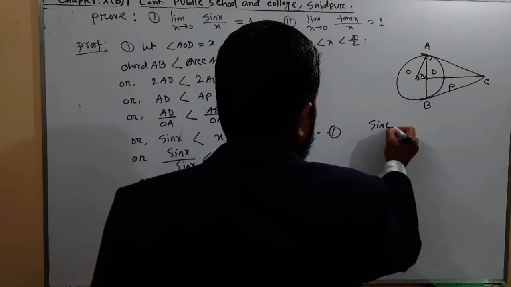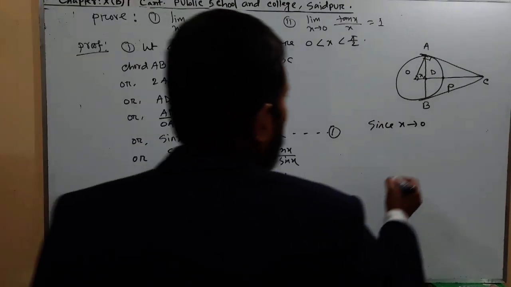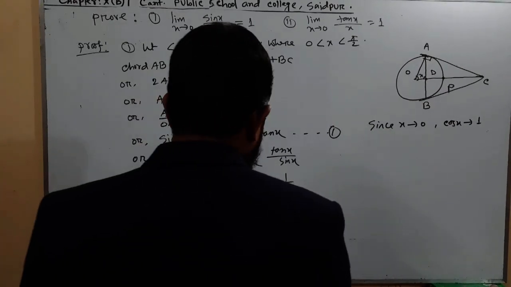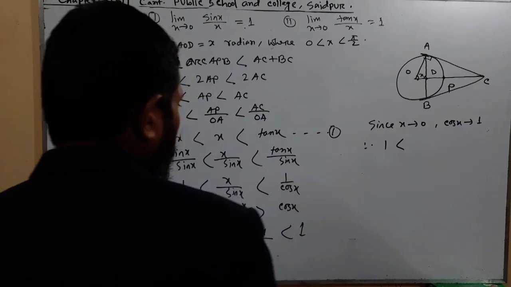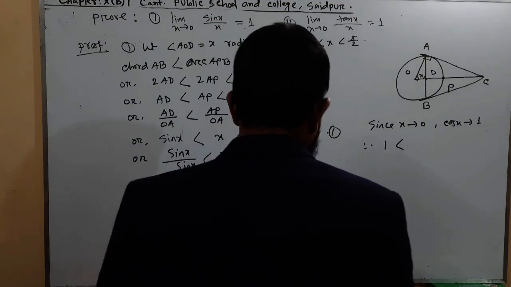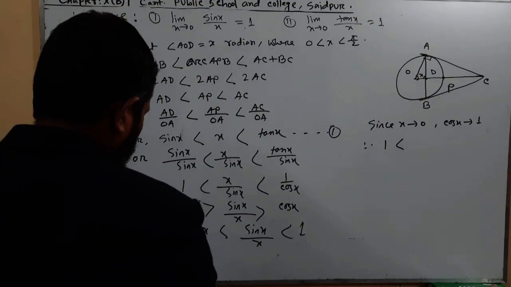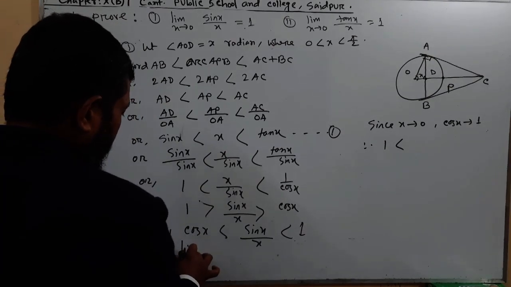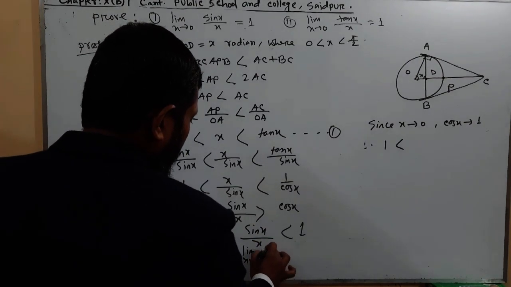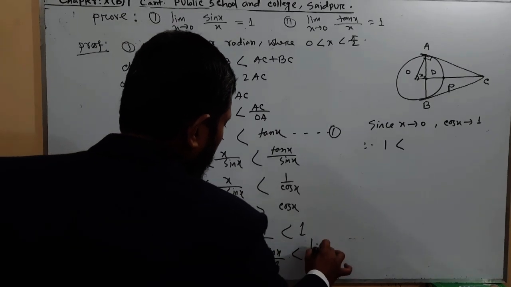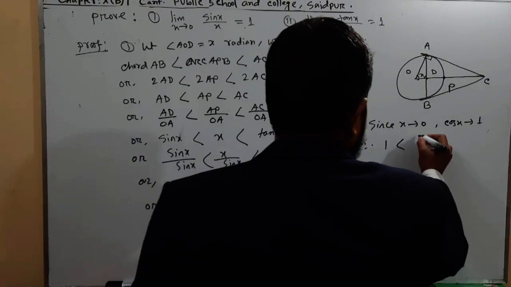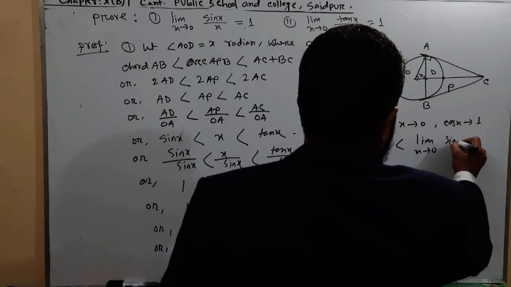Since x tends to 0, cos x tends to 1. If we write limit x tends to 0 of cos x, limit x tends to 0 of sin x by x, limit x tends to 0 of 1, we get 1, limit x tends to 0 of sin x by x.